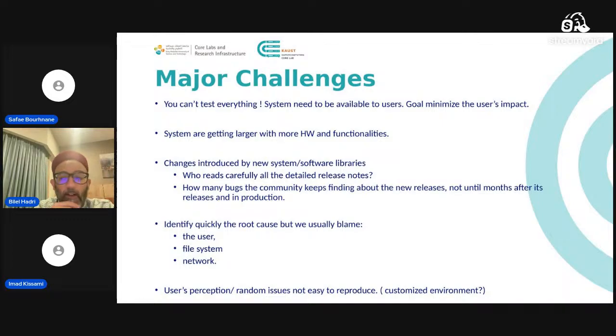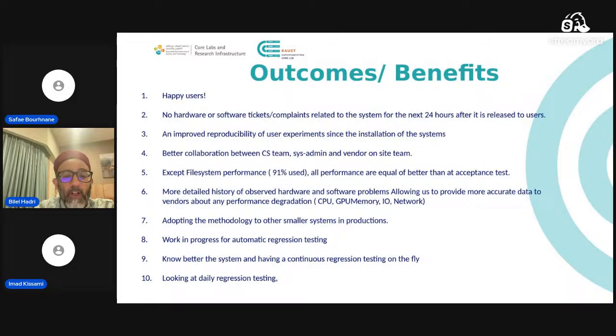This is where at KAUST we are blessed, and I think also our colleagues at UMCSP: when you are very close to a user, you can just sit down next to him and say, show it to me, how we can fix your issue, how we can reproduce it. This is very important. So sometimes we should not blame the user, but by having a global vision, you will be able to detect the issue quickly.